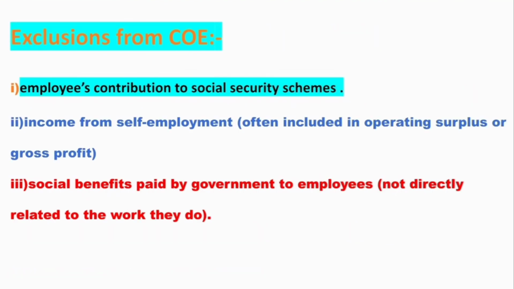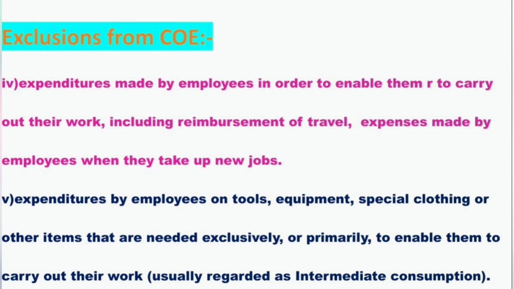So what all items are excluded from compensation of employees? Whatever contribution is made by the employee is not counted in COE. Then income from self-employment is not included because it is already included in operating surplus. Then whatever contribution is made by the government as social benefit like old age pension is not counted.